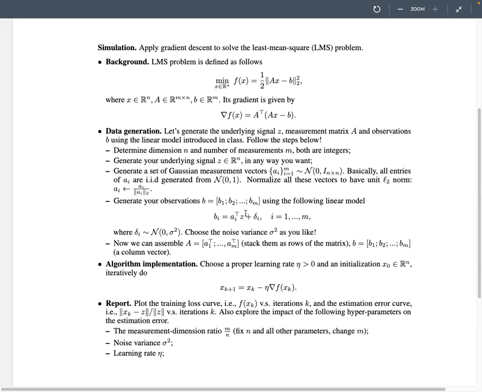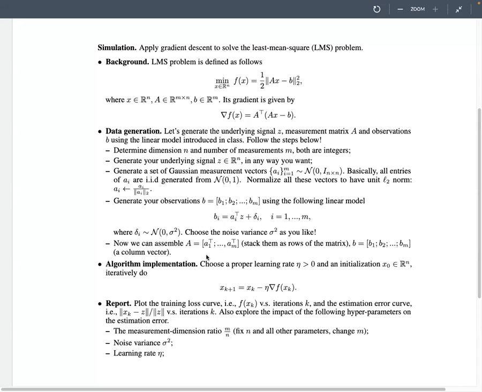This should be my underlying true observation. But then this observation is corrupted by a noise, delta_i, which is Gaussian noise. So you generate delta_i randomly and use that noise to corrupt this observation. The corrupted result is your b_i. And you can choose the variance, pick a variance that you like.